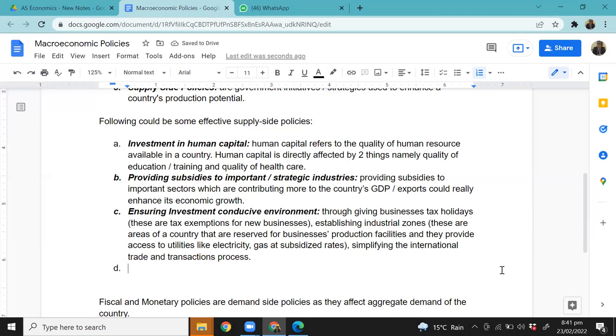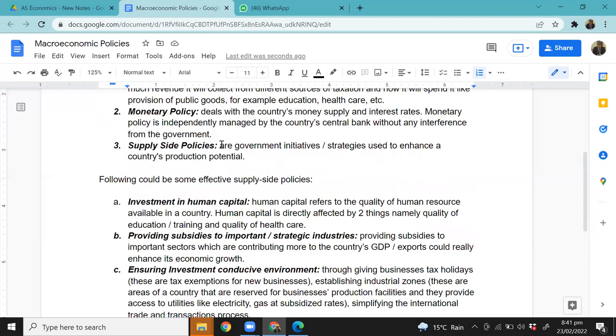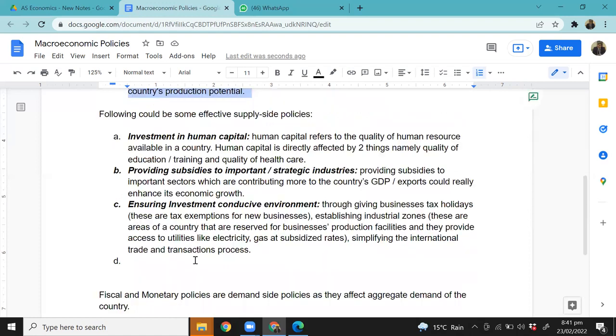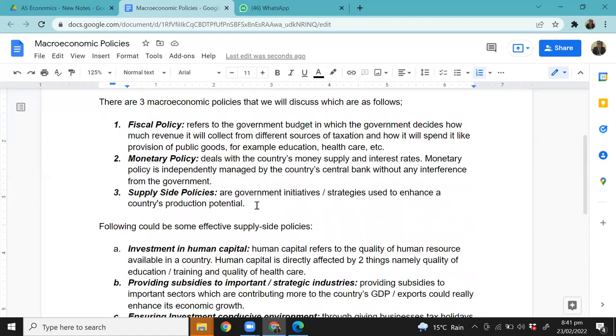Right? Okay. So far we have talked about provision of subsidies, ensuring an investment conducive environment, investment in human capital. What else can boost a country's production potential? What are all the things that can boost a country's production potential? You can think about this as when the country's PPC curve shifts outwards. What is the PPC curve?